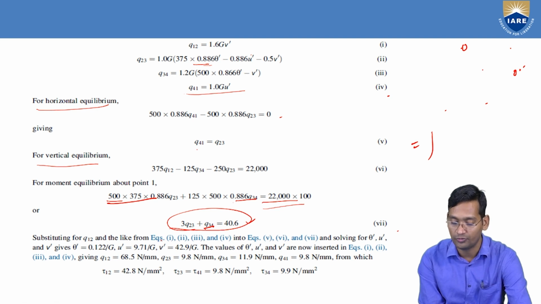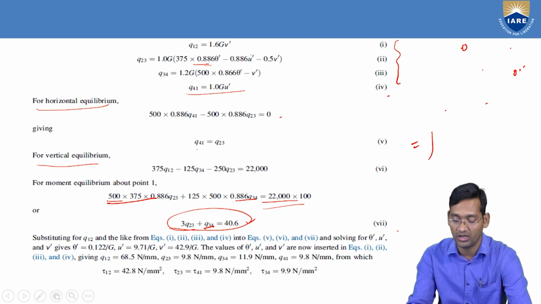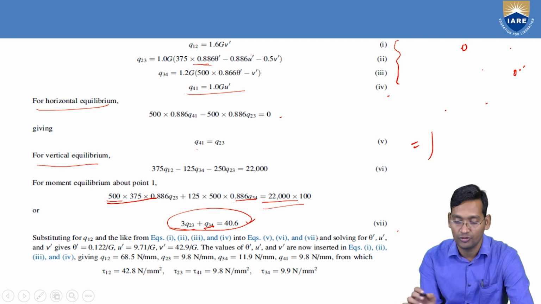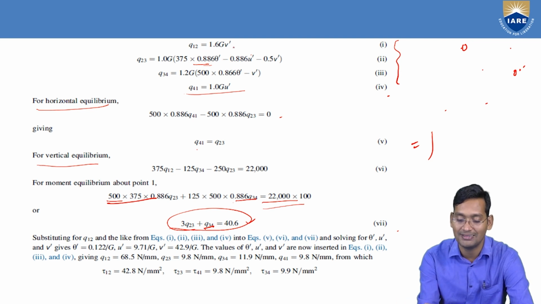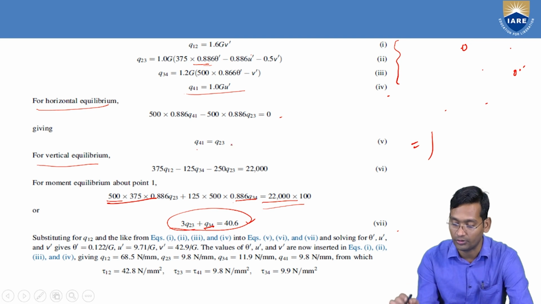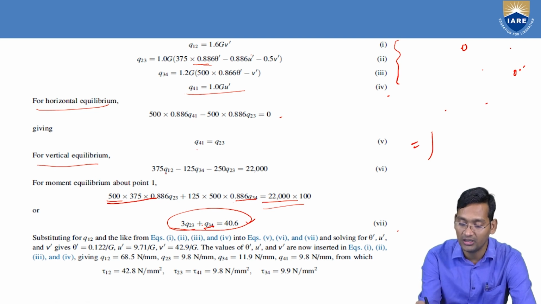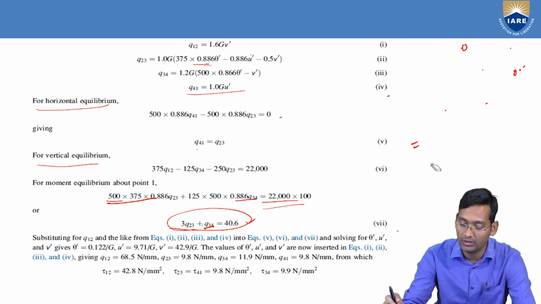From these 4 equations, we have to substitute in equations 5, 6 and 7. So from here Q12 is 1.6 GB dash. So substitute in fifth. No, that is not this one. Where is the Q12 dash? Here. Okay, and here. So substitute this value here. So after that, what we will get?